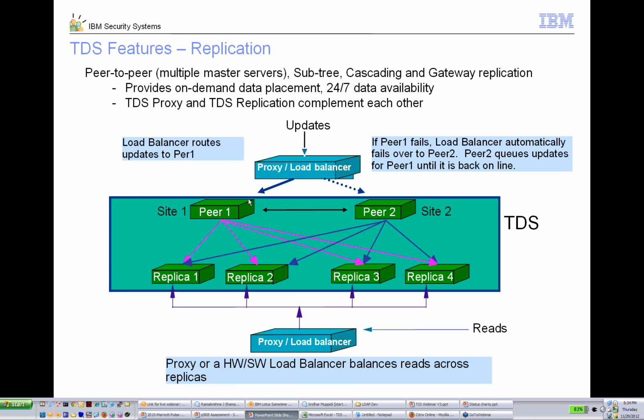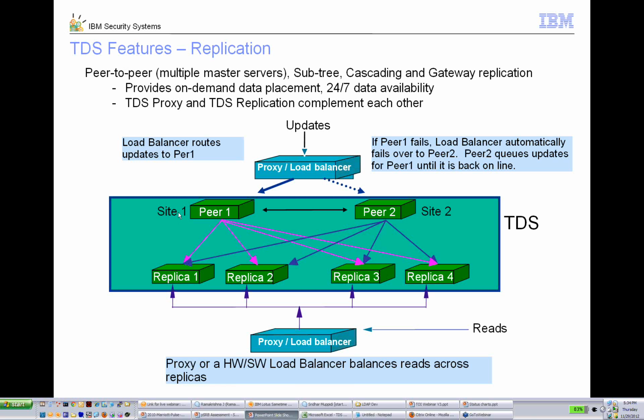The peer server will handle the update, it will update the data, and additionally it will replicate the data to the other peer server, and it will also replicate that update to all other read-only replicas to ensure that data synchronization is maintained. So this is about how the updates will be handled.